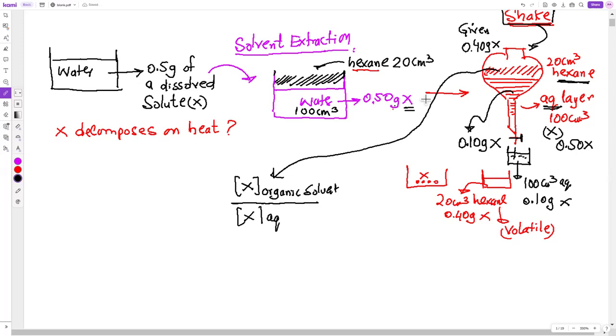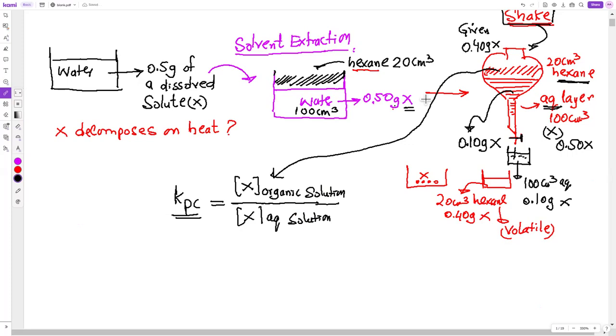I think we should say organic solution, okay? The concentration of X in organic solution and the concentration of X in aqueous solution. This ratio will always be a constant, and that constant is Kpc. Got the idea, beta?